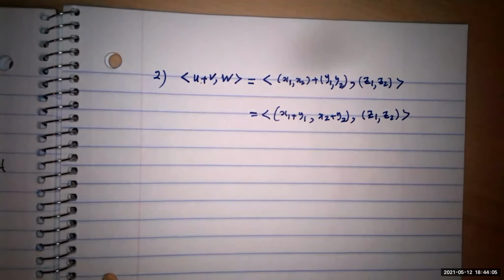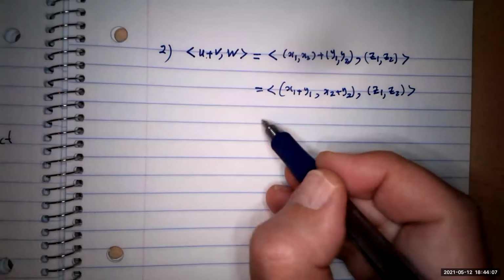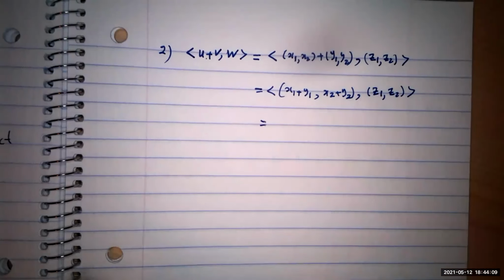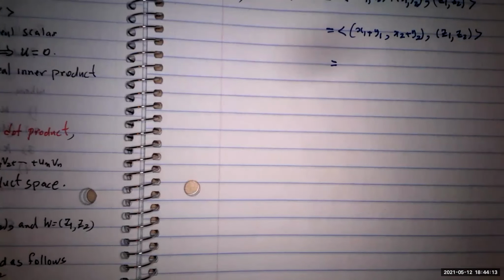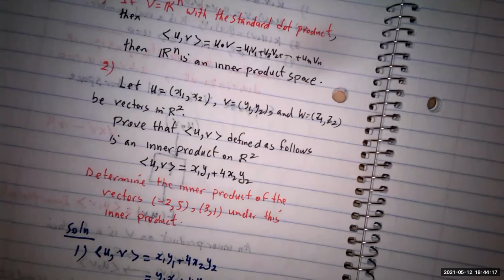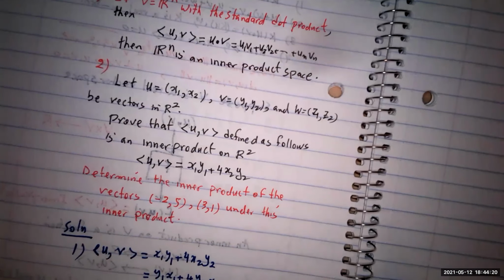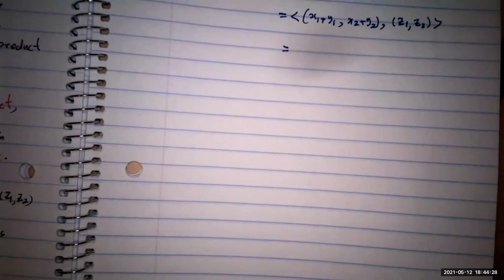Now we can use the definition of the inner product. Remember the definition of this inner product is x1 y1, you multiply these, x1 y1 plus 4 times x2 y2.